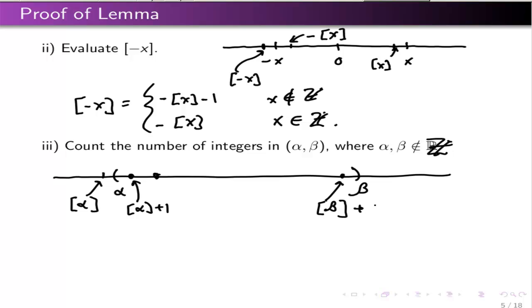Well, you have to add what? Think of this as bracket alpha plus bracket beta minus bracket alpha. So the number of integers I'm spotting in this interval is exactly this quantity right here.